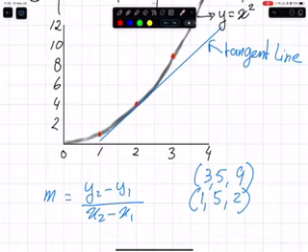So we have to choose coordinates from the equation. Yes, that's chapter 9. Guys, chapter 9, linear equations. It's not something new. Find the gradient of a straight line.